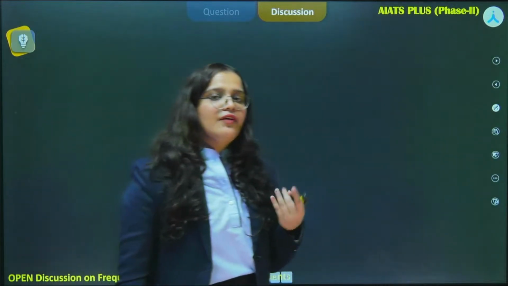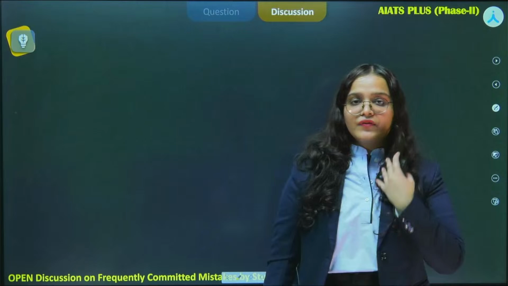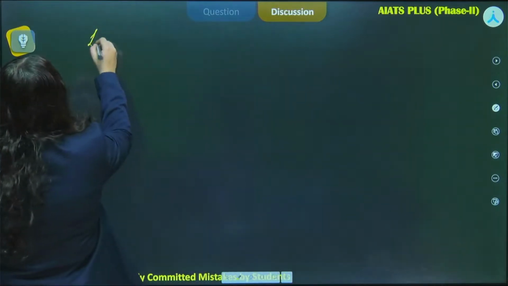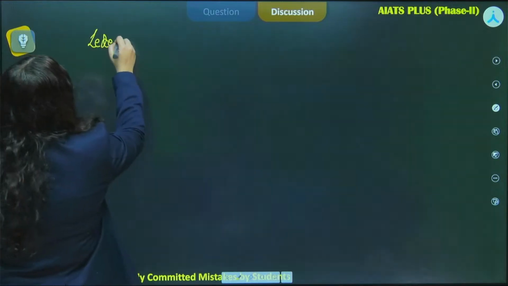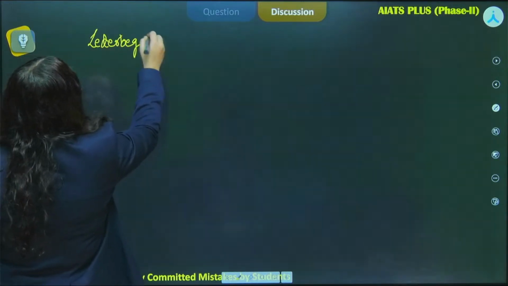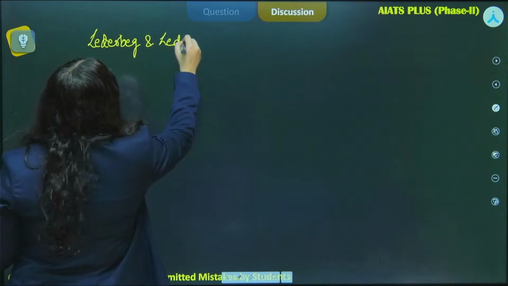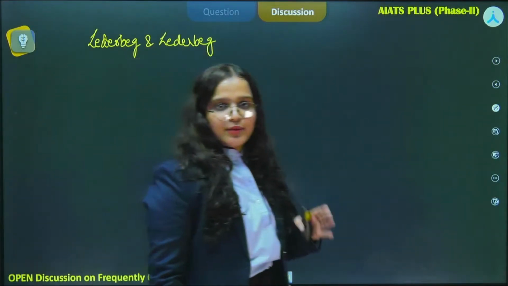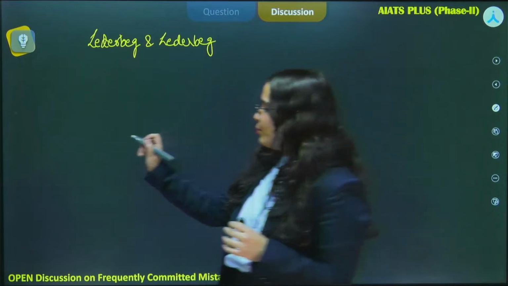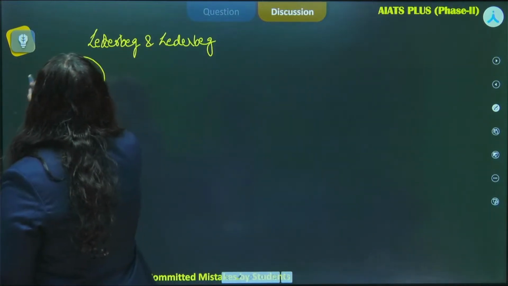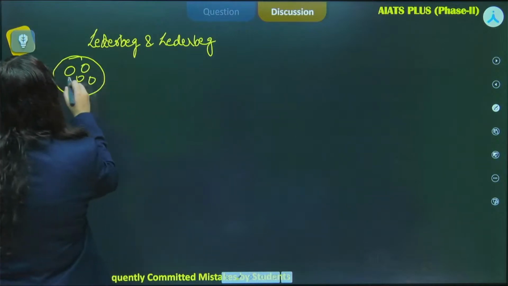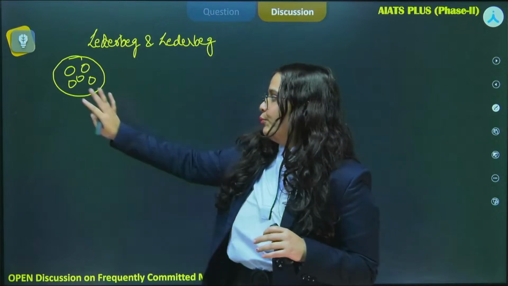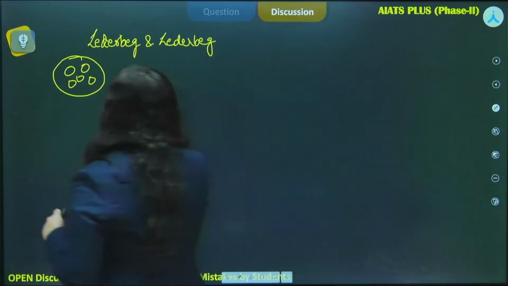And for this we have a very famous experiment done by Lederberg and Lederberg, where they showed through experimentation that in a population of bacterial colonies, they were trying to grow a population of bacterial colony.